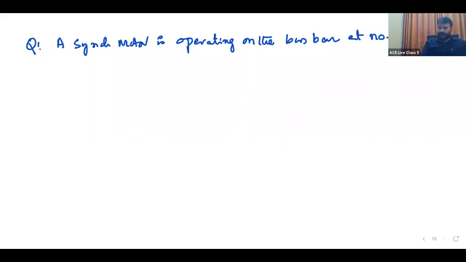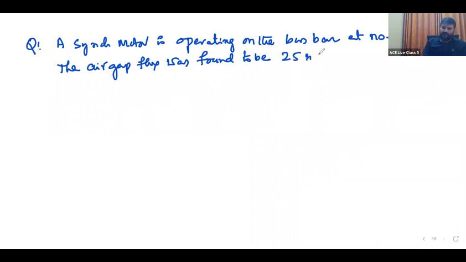The air gap flux was found to be 25 milliwebers. Air gap flux includes both phi m and phi a.